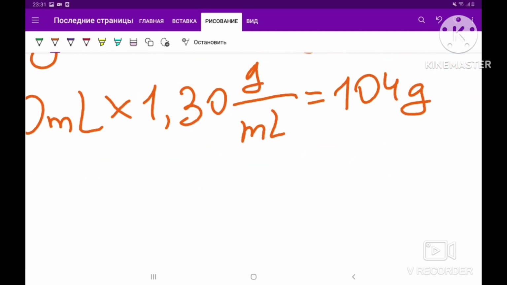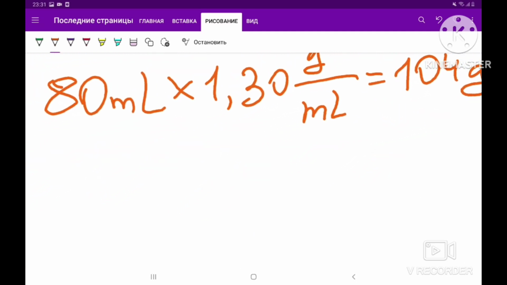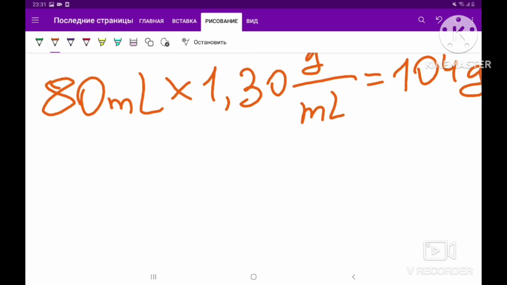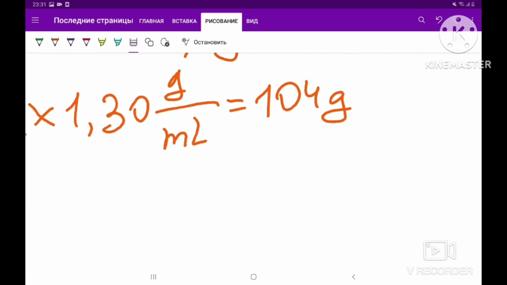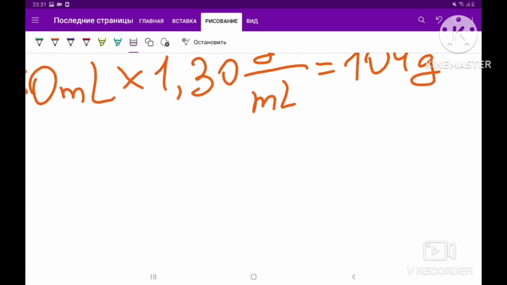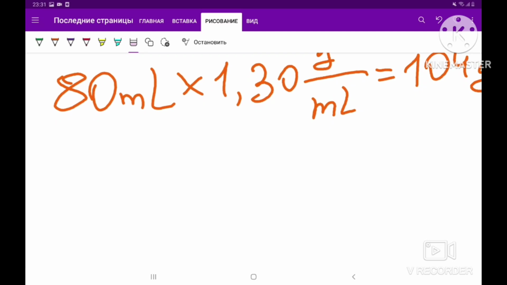We found that in 100 grams of solution we have this number. But indeed, we don't have 100 grams of solution, we have 104 grams of solution. So let's find how much potassium hydroxide we have in 104 grams of the solution.